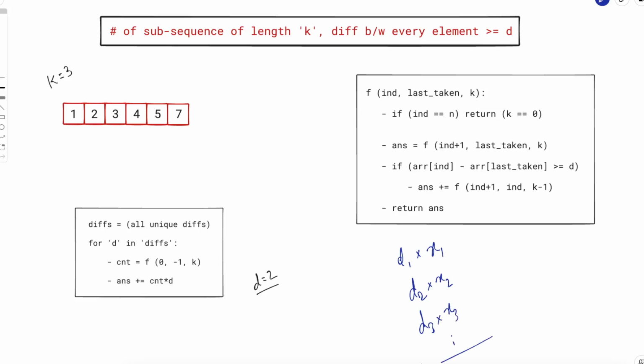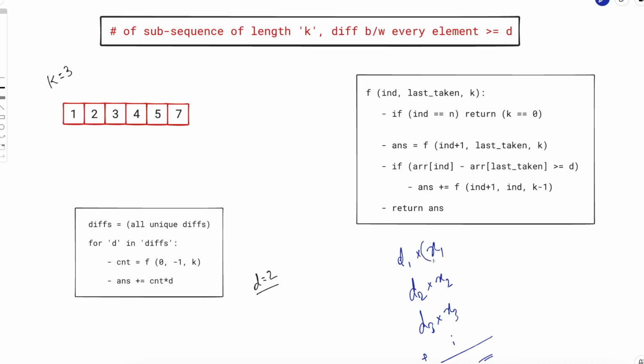This was your expression, and you will sum them all up to get the answer, where d1 is a possible difference, d2 is another possible difference, and so on, and x1 is the number of subsequences with this power, x2 the number of subsequences with this power, and so on, right? So that's what your final answer was.